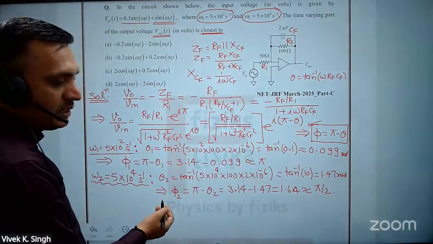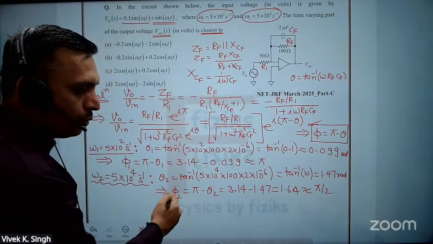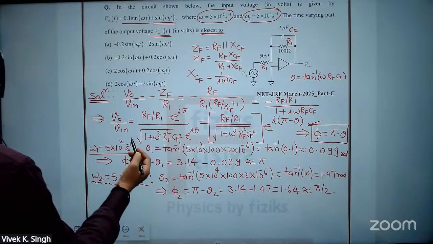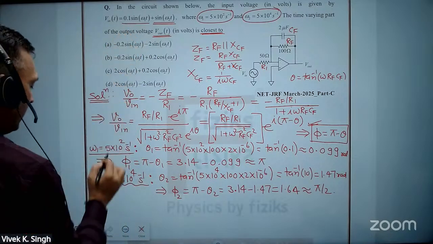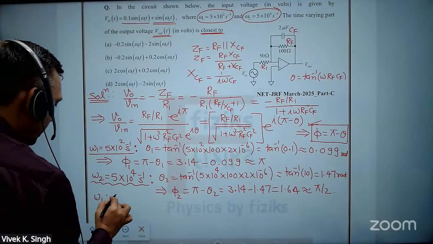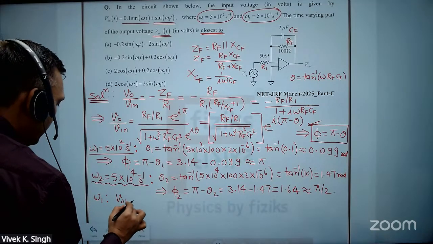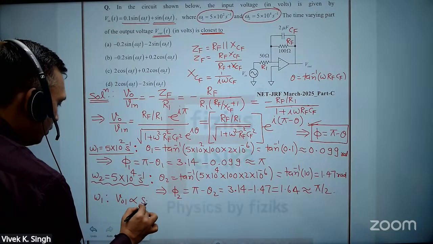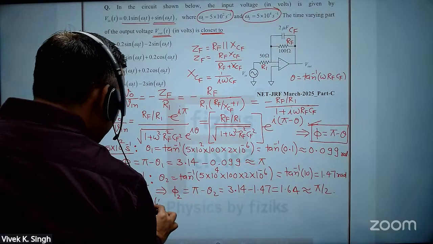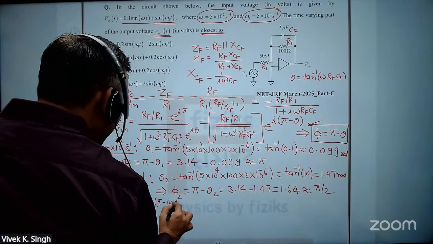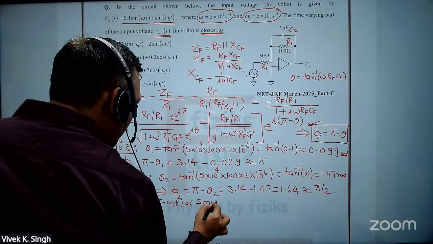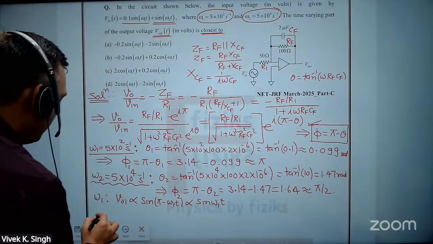So you know the phase delay between output and input for omega 1 and omega 2. Corresponding to omega 1, when the frequency is omega 1, the output V01 will be proportional to sine of pi minus omega 1 t, and this will be proportional to sine omega 1 t. So you have to focus on the proportionality only.